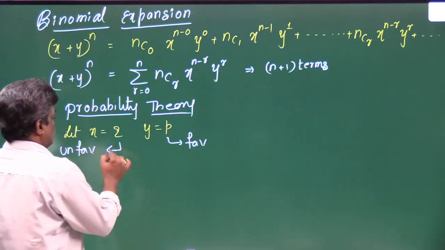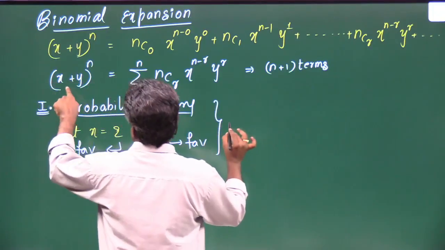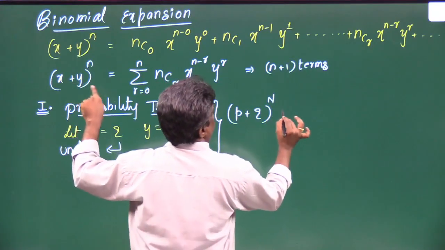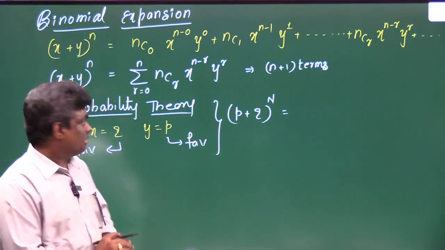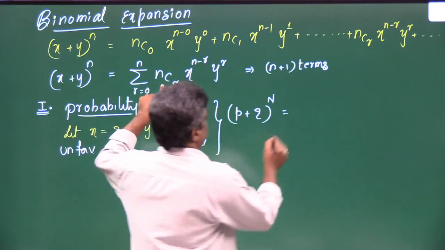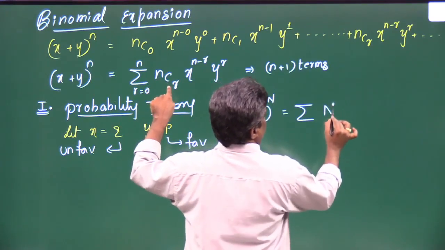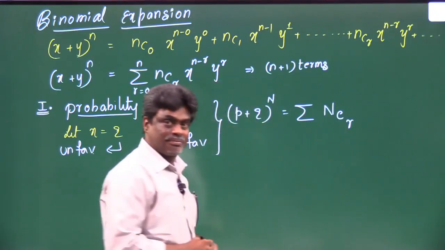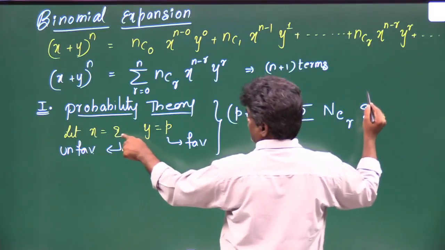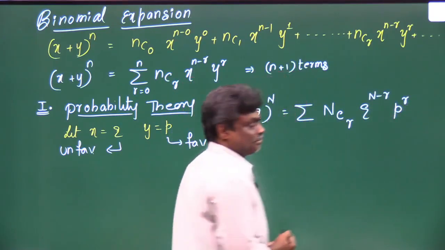Okay, so here I am taking x equal to q and y equal to p. Then this can be written as (p plus q) whole power N. Capital N I am taking, I will tell you what is the meaning of that. Small n is replaced with capital N. So this is a summation of NCR, where x is nothing but q, so q power N minus r into p power r.